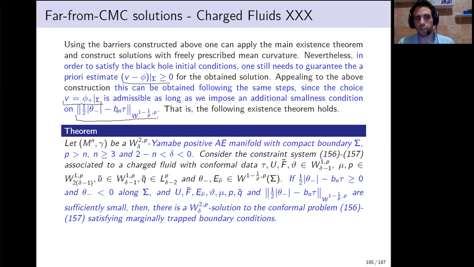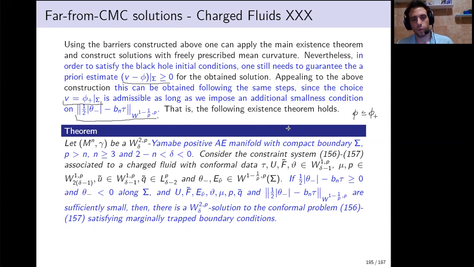But therefore, imposing a smallness condition on this quantity and taking V as the super solution, the construction of the barrier works. And clearly, if V is the super solution, then we know from our main existence result that the associated solution is going to be below phi everywhere, in particular along the boundary, and so this condition is going to be satisfied.